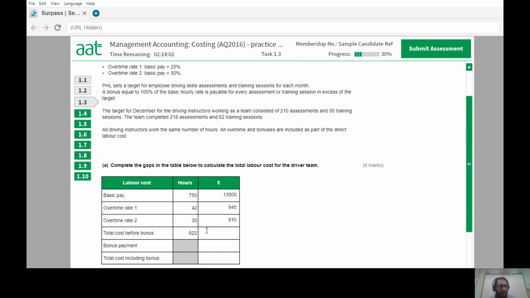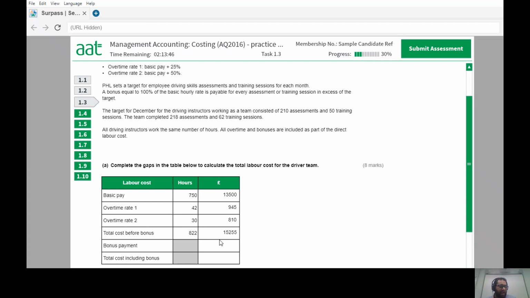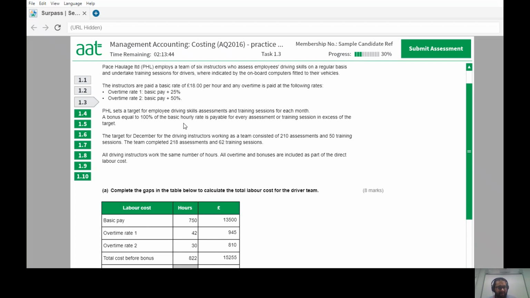Let's find out what the total cost before the bonus is. That one plus 945 plus 13,500 is going to give me 15,255. That is the first part done. Now, what is the bonus payment? Remember, 100% of the basic hourly rate, which is £18 per assessment you do more than the target.